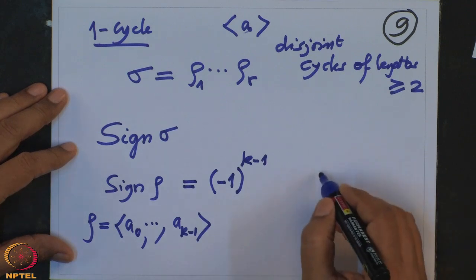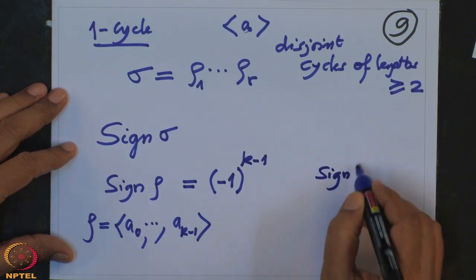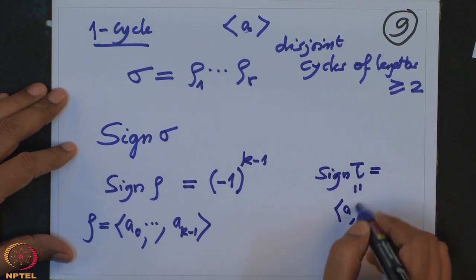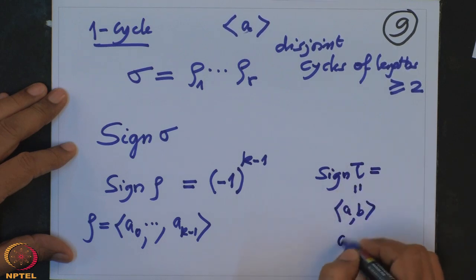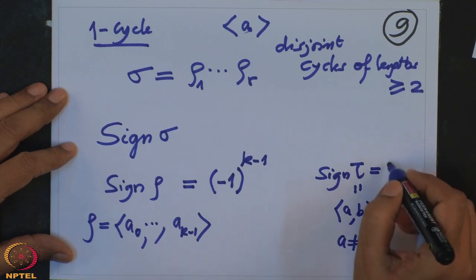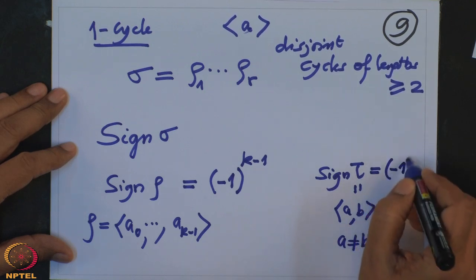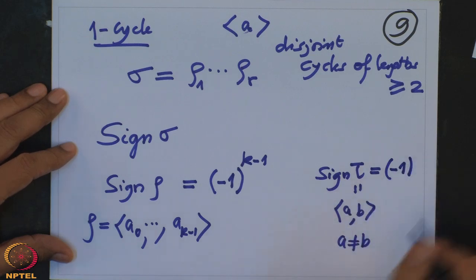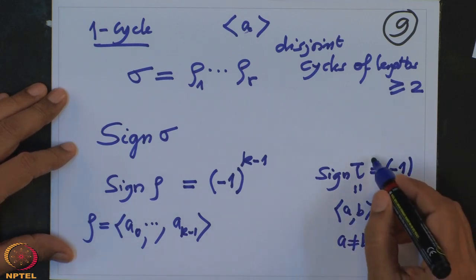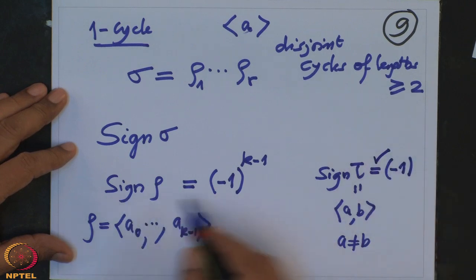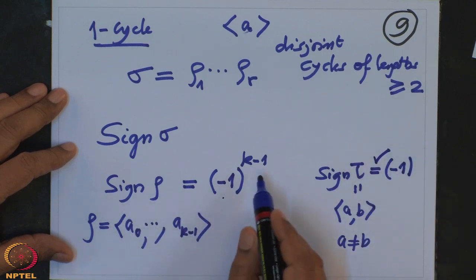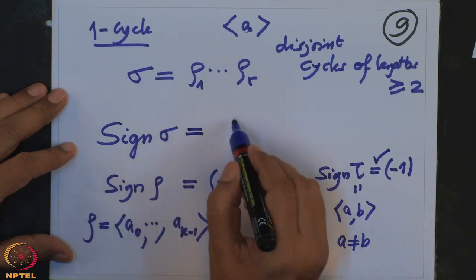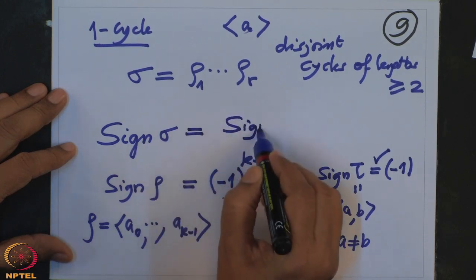So this will give us the sign of tau, where tau is a transposition (A B) with A not equal to B: the sign is minus 1 power 2 minus 1, so it's minus 1. So the sign of a transposition is minus 1, the sign of a k cycle is minus 1 power k minus 1, and then you define the sign of sigma to be the product of the signs.